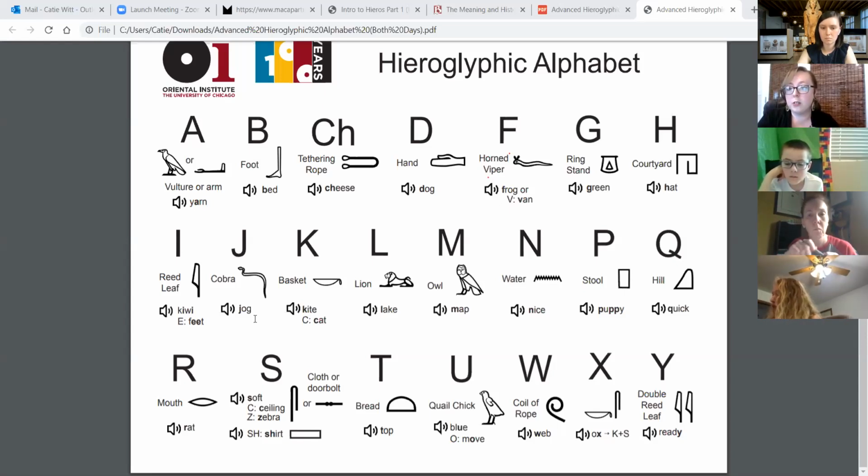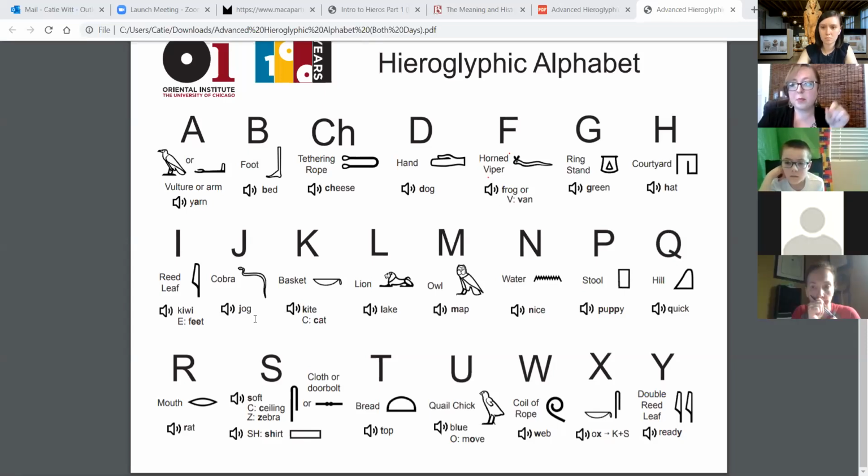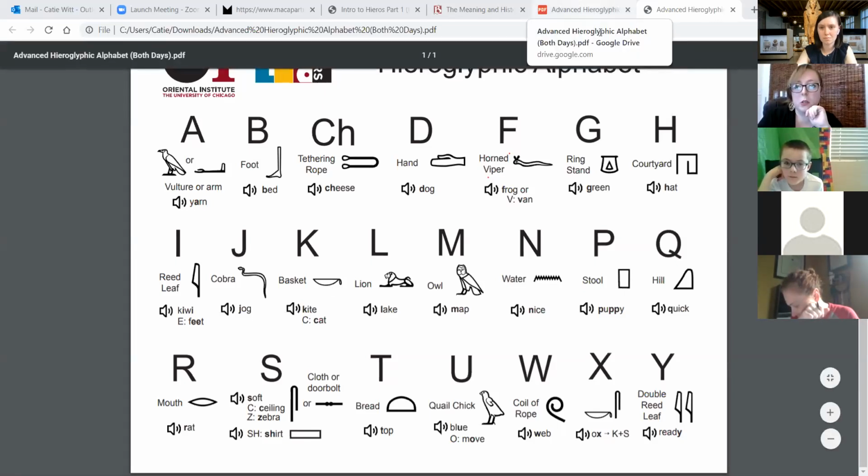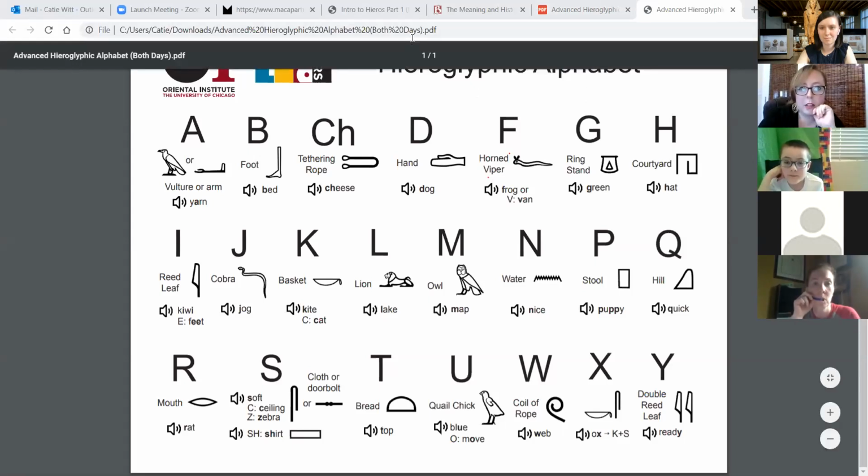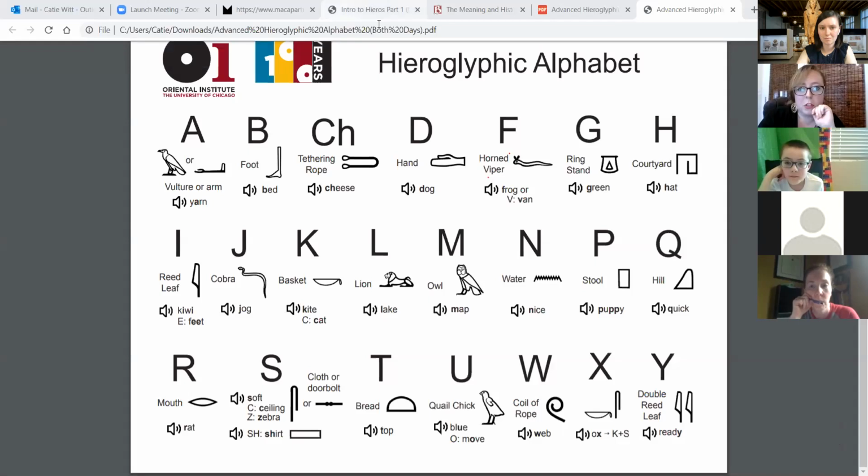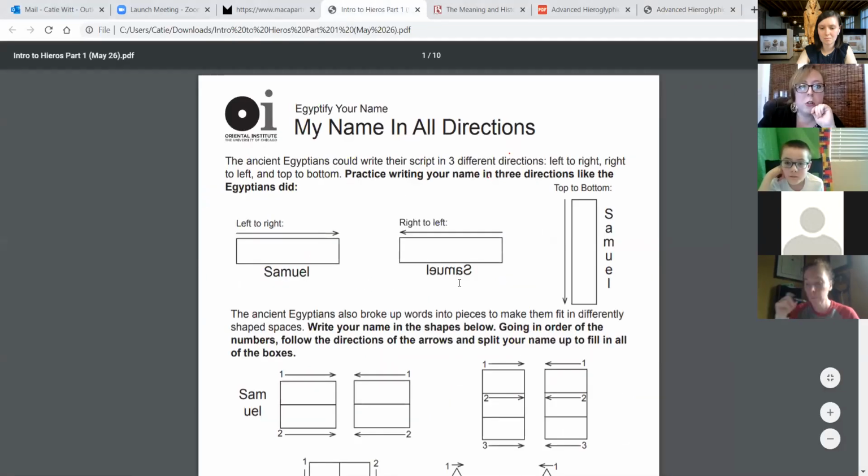You have a J versus a G sound, and we make sure that we distinguish between those things. So we'll come back to this hieroglyphic alphabet, but let's go to our next document, which is the Intro to Hieroglyphs Part 1 document.